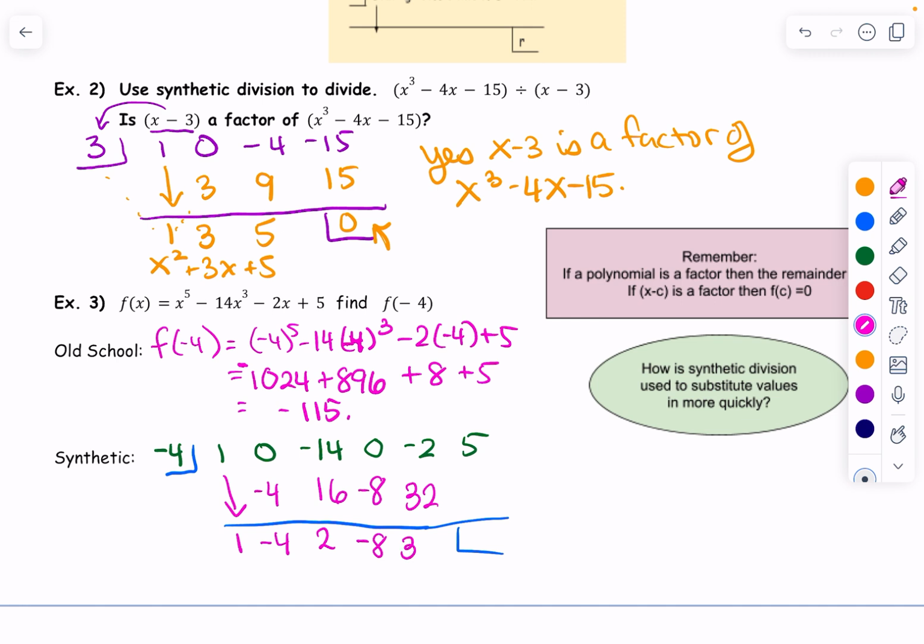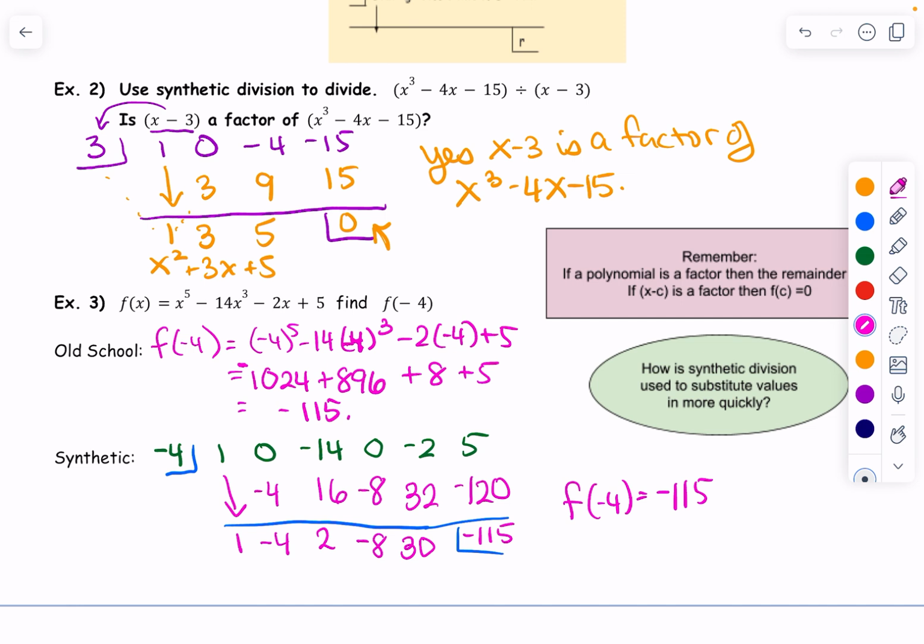Add going down, we get 30. -4 times 30 is -120. And then add going down, we get -115. So we got the same thing. We got that f of -4 is -115.